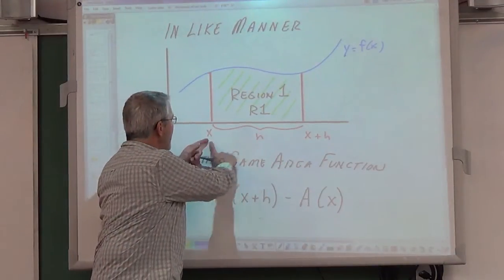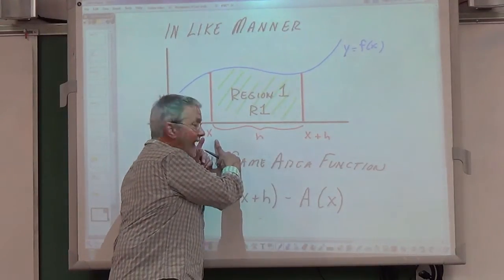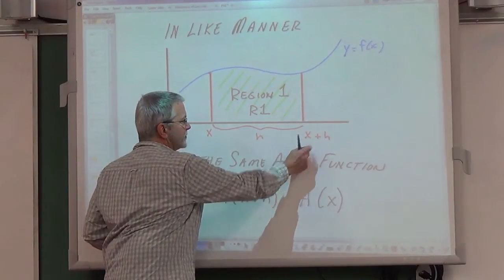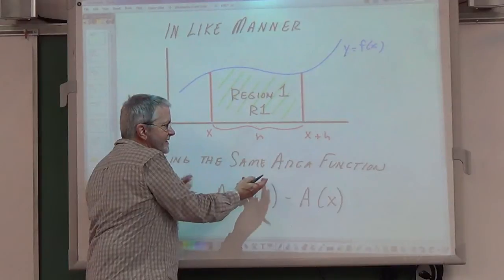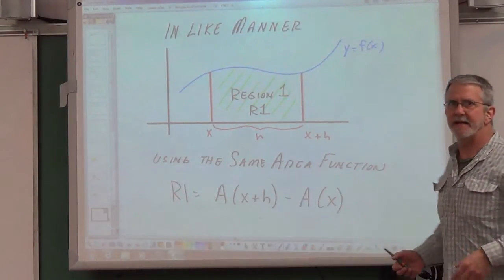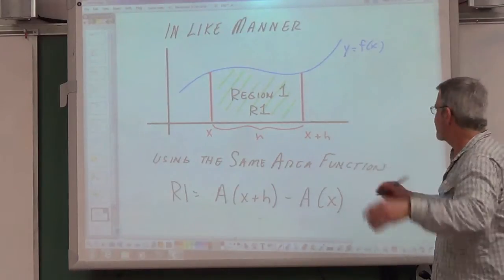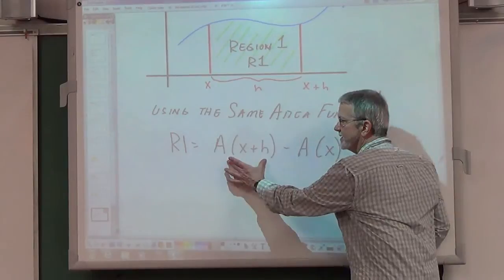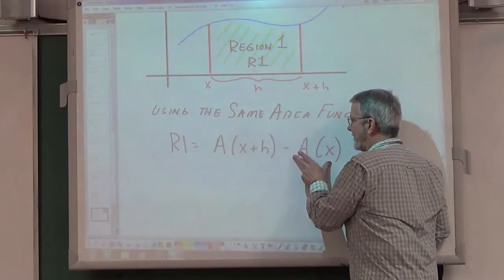So we start at x, move over a distance h, and we're going to go to x plus h. And using the same area function, in the same manner as I did before with the yellow minus the green, I have this region 1 as being A of x plus h minus A of x.